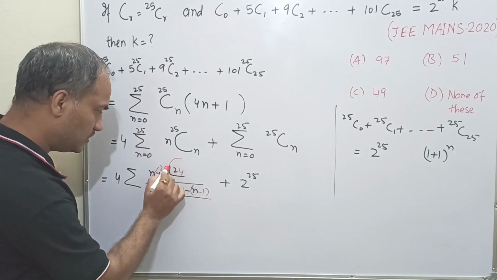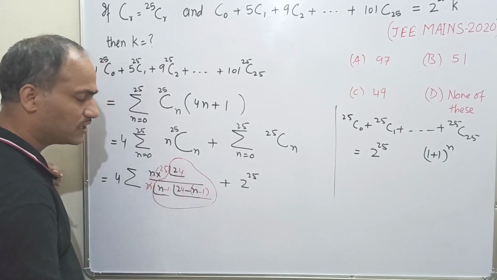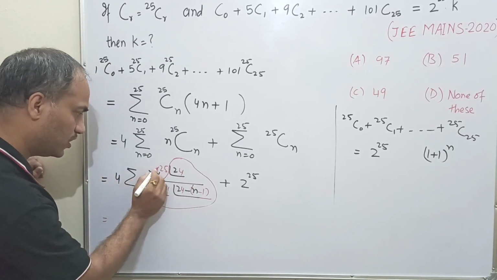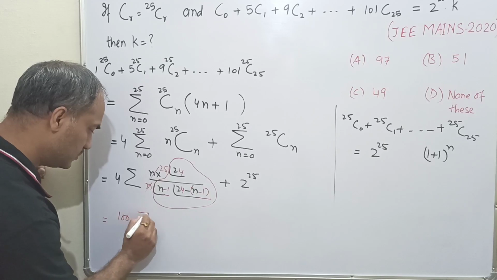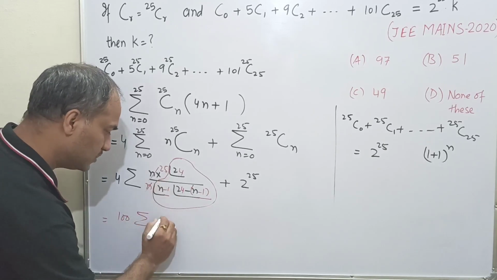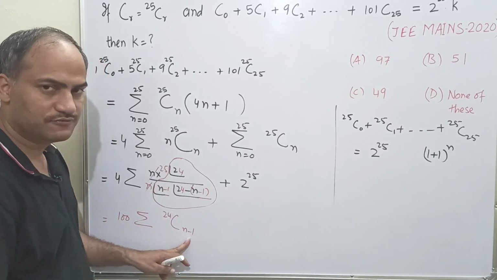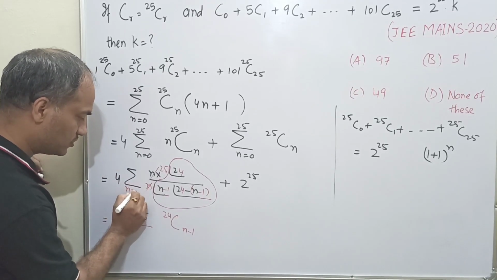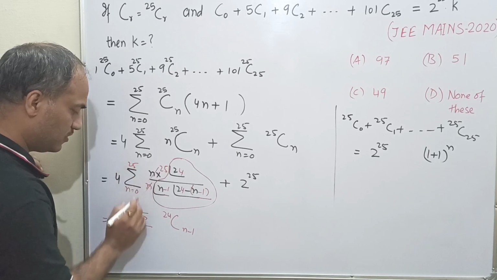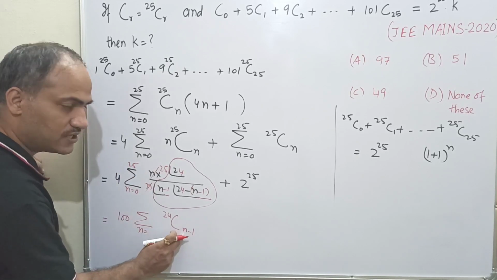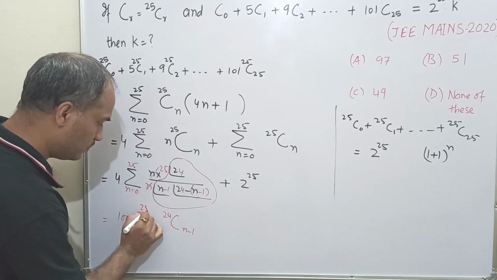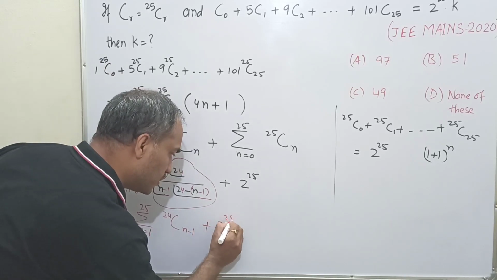Now these terms give us a combination. 25 is a constant outside, so 4 into 25 means 100 times the summation of 24C(n minus 1). Here n equal to 0 has no meaning, so it will be from 1 to 25, plus 2 raised to the power 25.